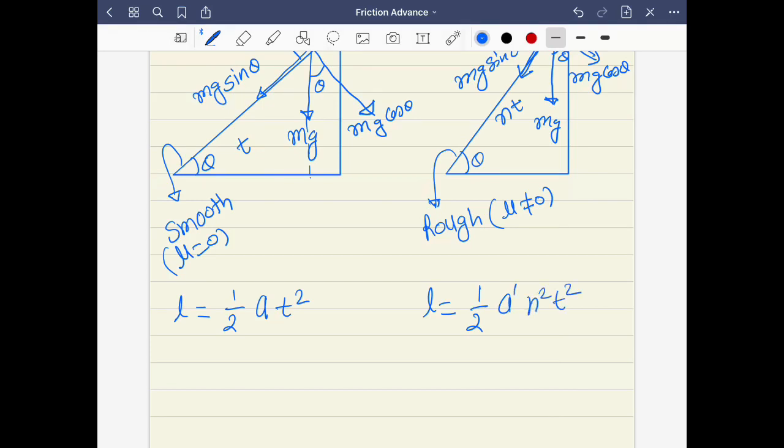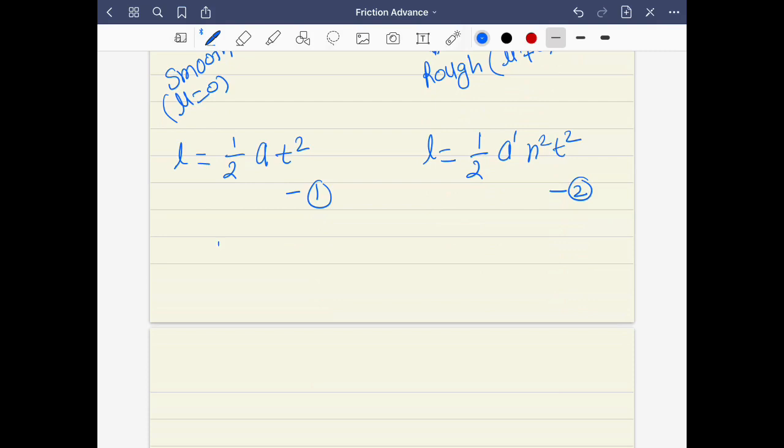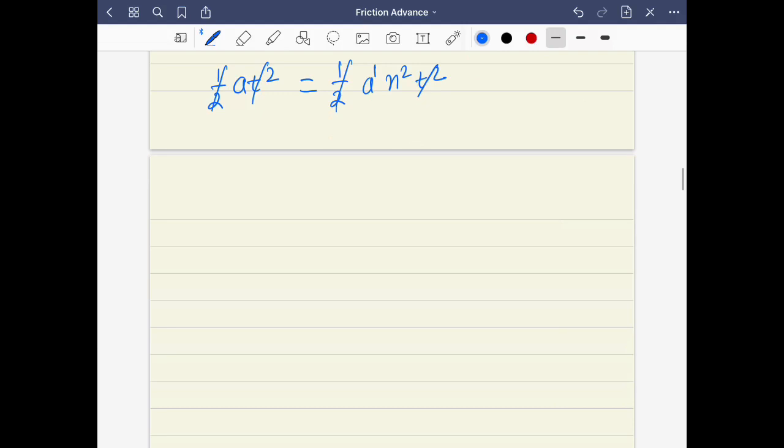Now L are equal, so I'll equate them. I'll get half a t squared is equal to half a dash n squared t squared. The half t squared cancels, so I'll get A is equal to A dash into n squared.